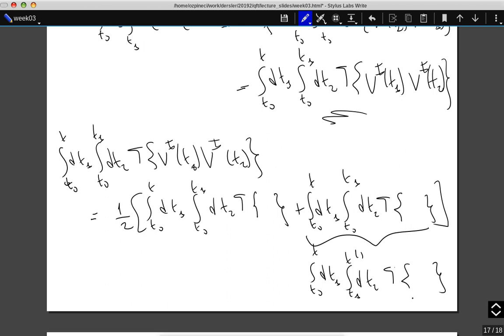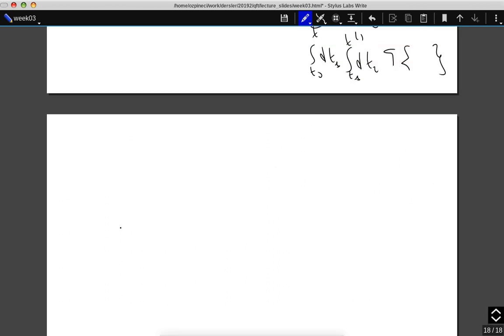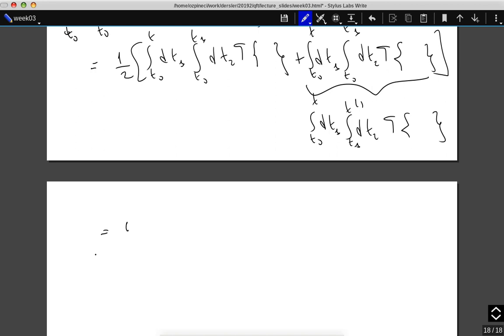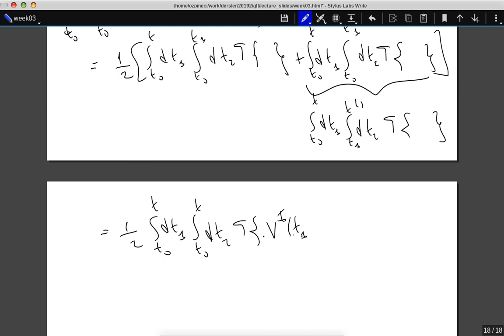But if I do that, what I obtain is just 1 over 2, from T0 to T dt1, from T0 to T dt2, time ordered product of Vi of T1, Vi of T2.